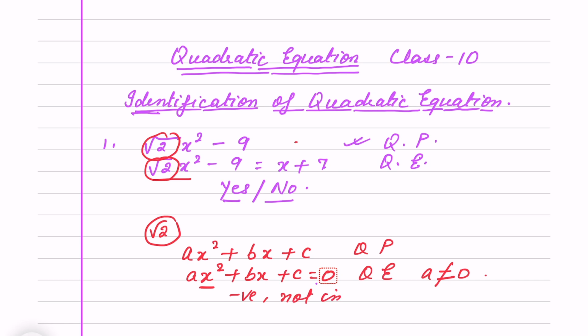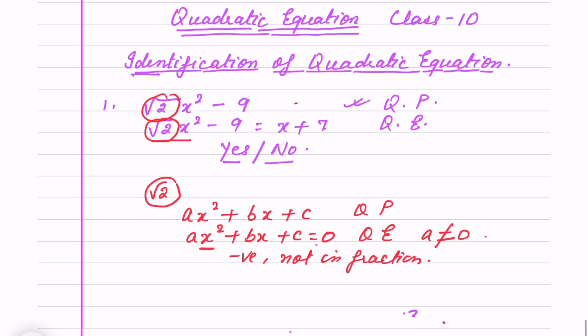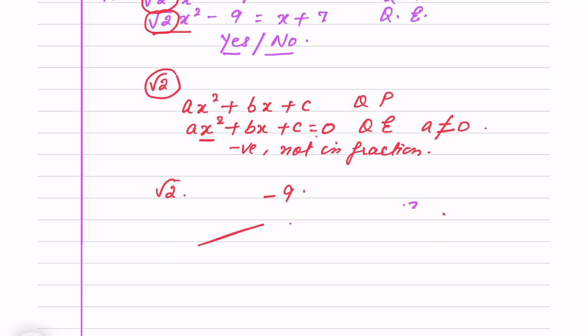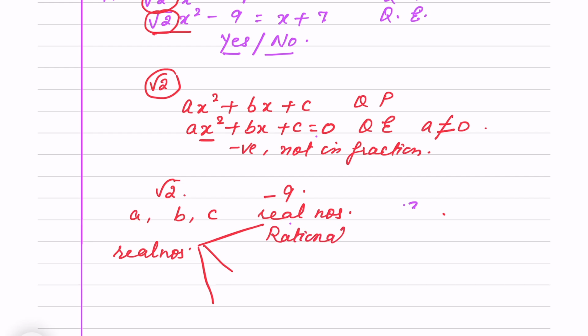But what about the numbers, or we can say the coefficients? Here the coefficient is root 2 and the constant is minus 9. So numbers can be of any form. We say a, b, c are real numbers. What does it mean? Real numbers means we can take rational numbers like 2 by 5, minus 2 by 5, 0, 1.